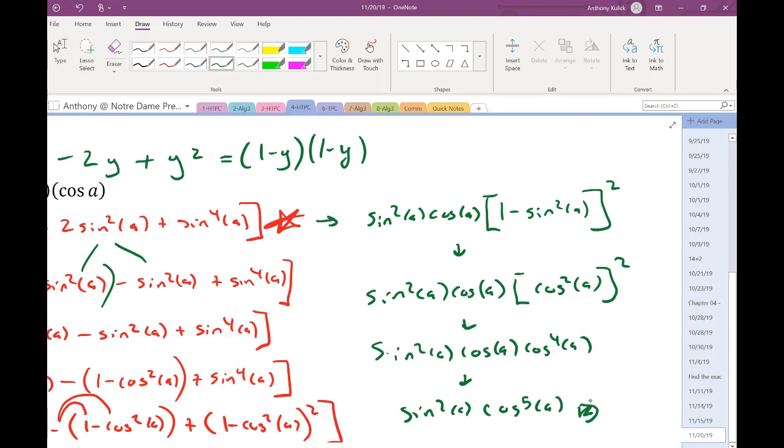But had you never thought, or had you never seen, factoring a trigonometric expression like a quadratic before, unlikely you'd think of that as something to do, right?